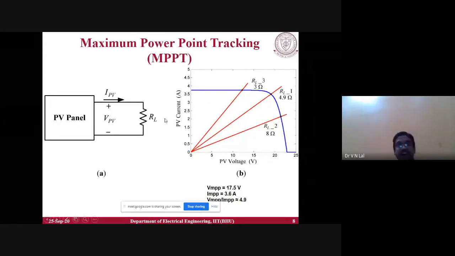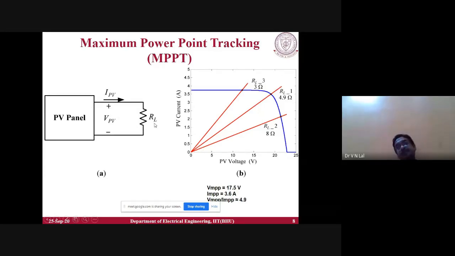So for RL equal to 4.9 ohm only, MPP operation is possible, because MPP operation is possible when VPV equals VMPP and IPV equals IMPP. So VMPP divided by IMPP in this case is equal to 4.9. So RL equal to 4.9 only makes it possible for this PV panel to operate at maximum power point.